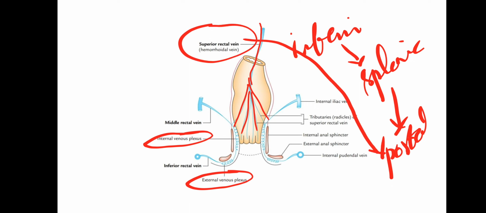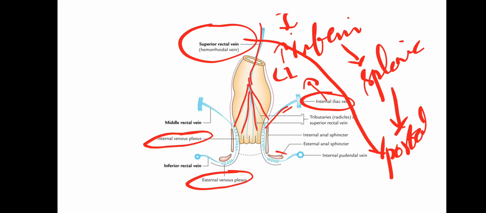But what about the middle rectal vein? Like that of the artery, the internal venous plexus gives rise to middle rectal vein as well, and it drains into the internal iliac vein. The internal iliac vein goes into the common iliac vein. The common iliac vein drains to the inferior vena cava. So it is going into the systemic circulation.